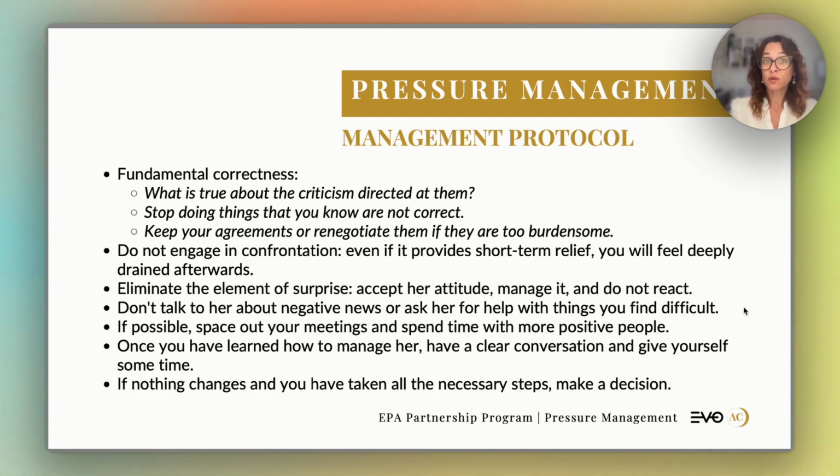So when possible, when we cannot cut ties with our toxic people, we want to space out our meetings or time with them, and make them random and sporadic, while increasing time with positive people. And once we have learned how to manage them, we can have a clear conversation with them about new boundaries. But that comes later on.